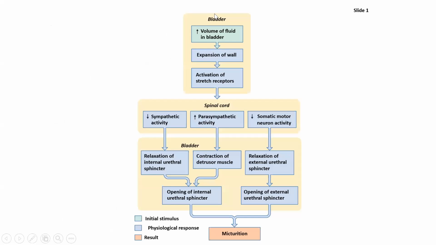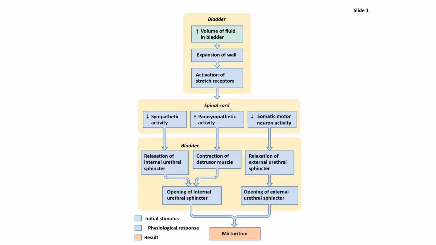Okay, and here's a flow chart that lets that make a little bit more sense. So the bladder is full, the volume has increased, and there's stretching on the walls of the bladder. This is going to activate the stretch receptors in the wall, and that is going to send signals to areas in the brain, which is going to decrease the sympathetic activity, facilitating the relaxation of the internal sphincter, that sphincter that's closer to the opening of the bladder.